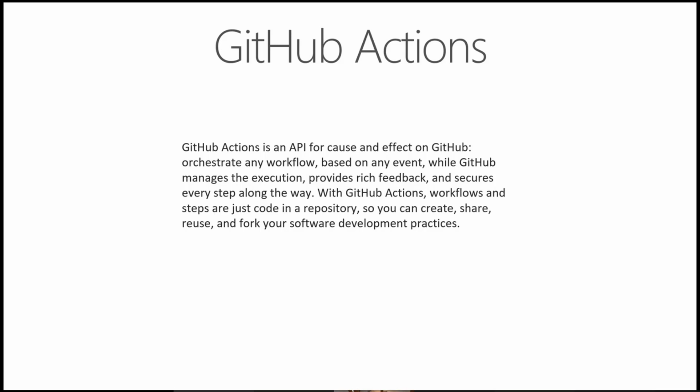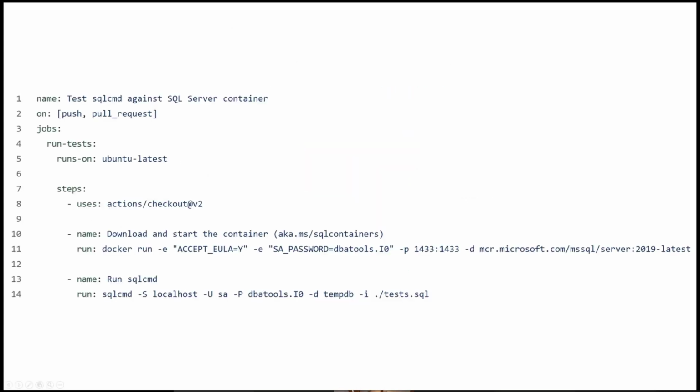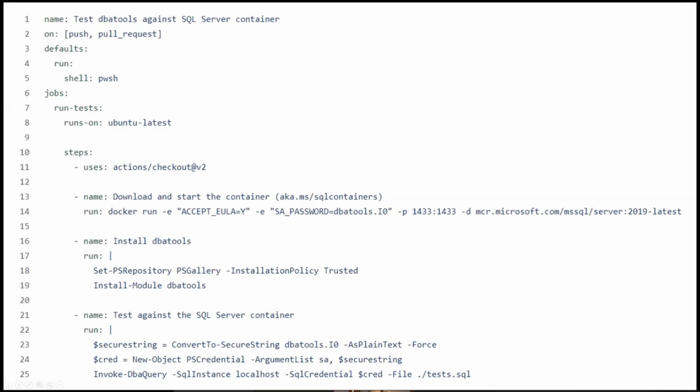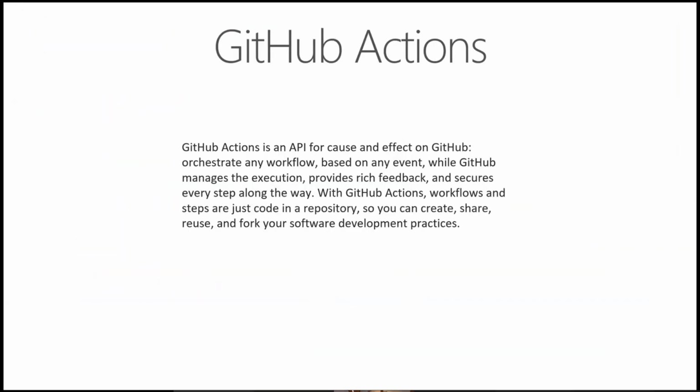It allows you to orchestrate any workflow based on any event while GitHub manages the execution using these little VMs called runners, provides really nice, rich feedback, and secures every step along the way. With GitHub Actions, workflows and steps are just code in a repository, so you can create, share, reuse, and fork your entire software development practices.